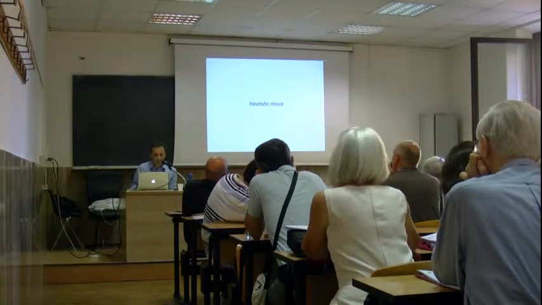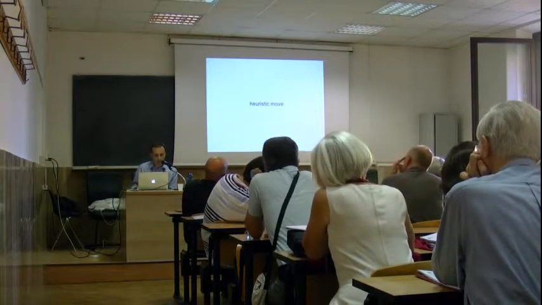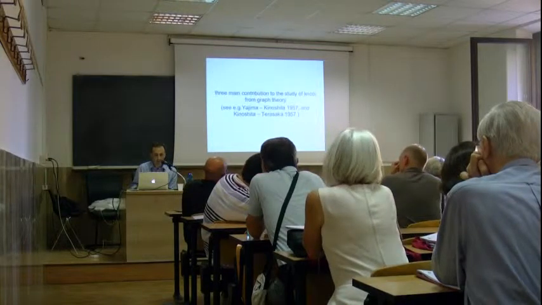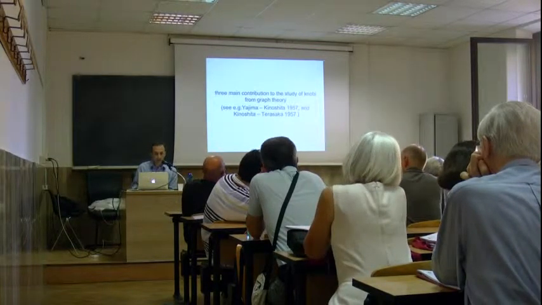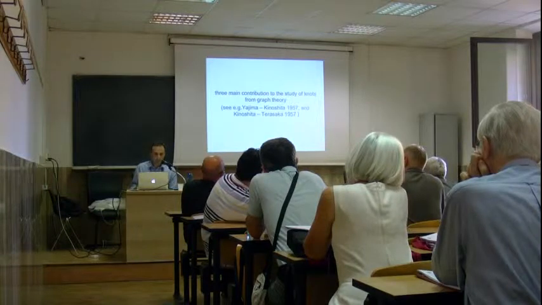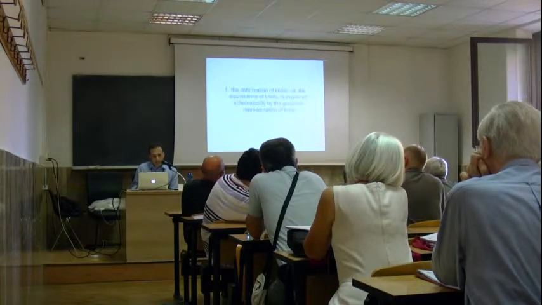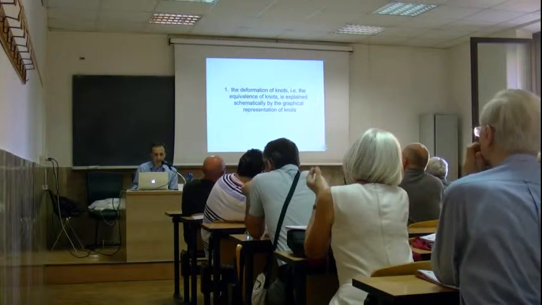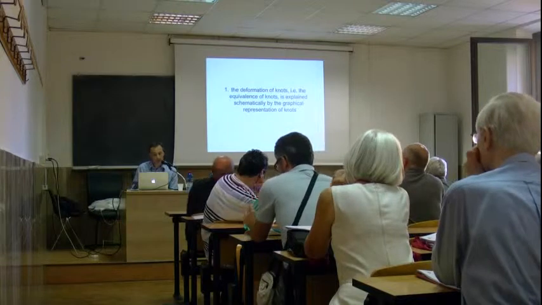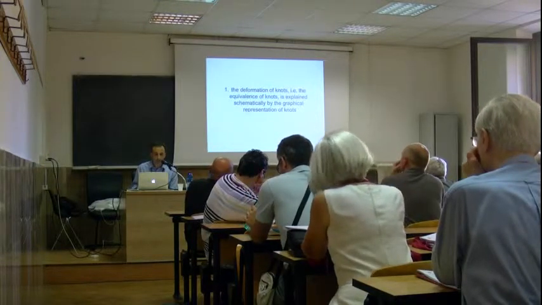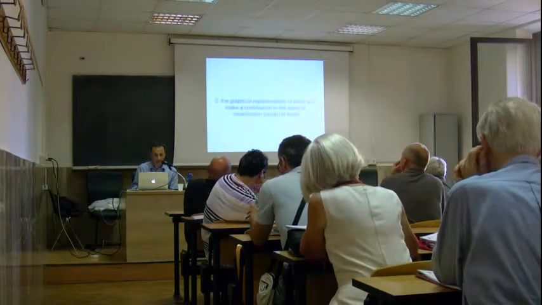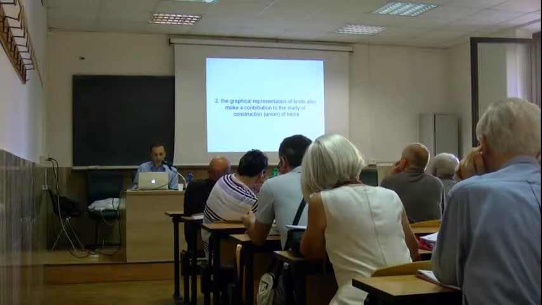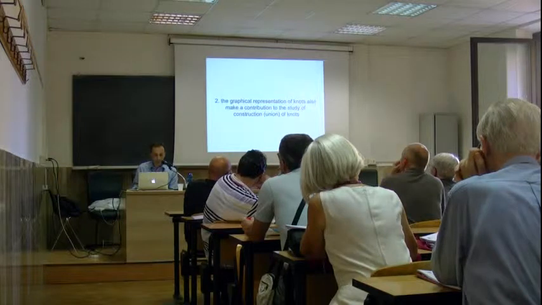And from this representation of knots, we have three main contributions to the study of knots. The first is that the deformation of knots, so their equivalence, is explained in a schematic way by the graphical representation of knots. The second one is that the graphical representation of knots also made a contribution to the study of construction or union of knots.